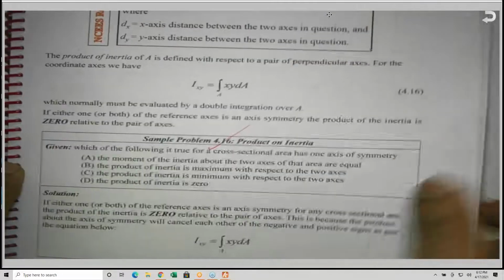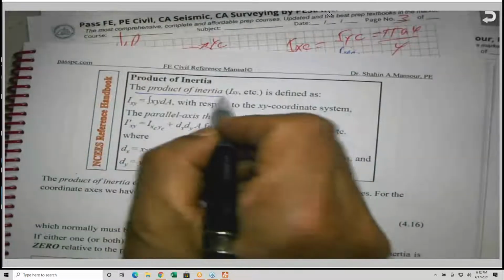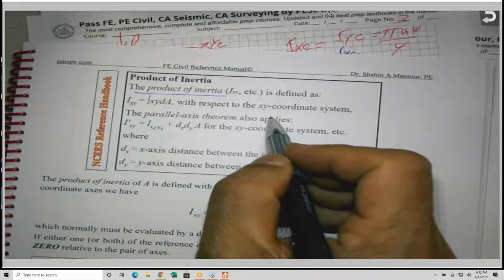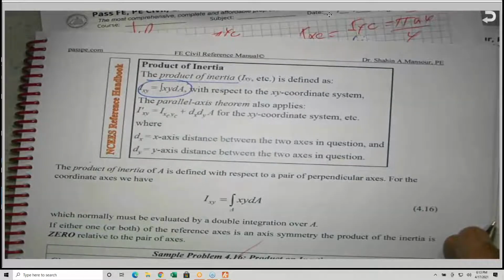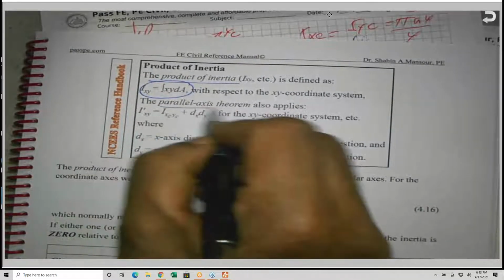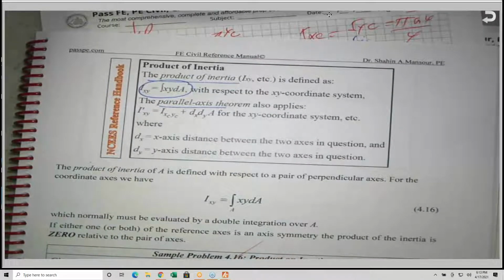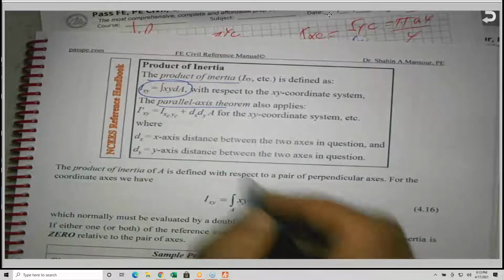Okay, we have something called the product moment of inertia. We call it Ixy, the product of inertia. It is given by integration if I need to start from scratch, and I can also apply the parallel axis theorem, by the way. This is the equation that is given here.